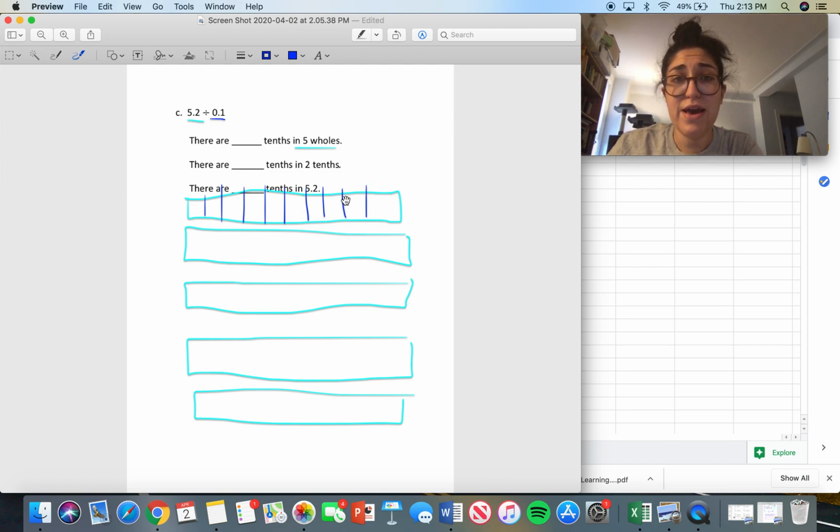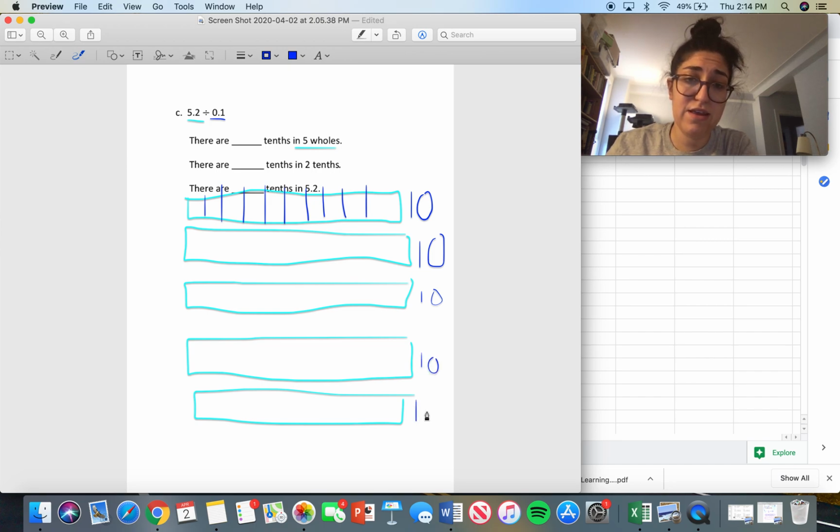So if I had just one whole, it would be 10 tenths. 10 0.1s, 10 tenths in one whole. Since I have 5 wholes, there would be 10 here, 10 here, 10 here, 10 here, and 10 here. So again, if I'm breaking 5 wholes into tenths, I'm going to end up with 50 tenths.